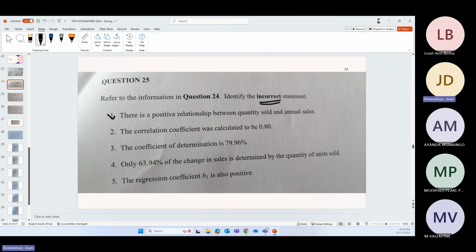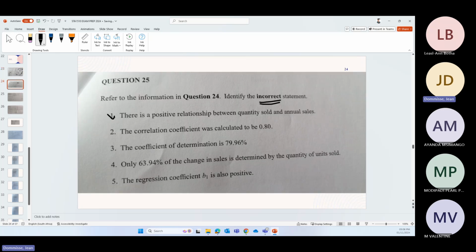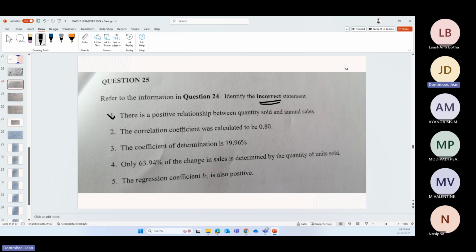That is correct, because that is positive, there needs to be a positive relationship. Then correlation coefficient, coefficient of determination. Those two we need to check.